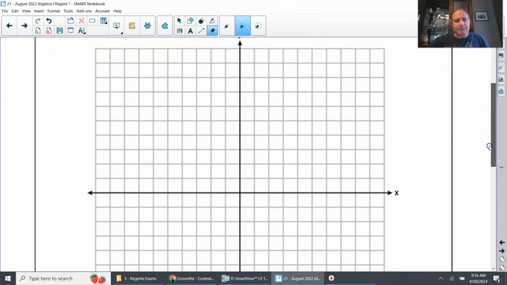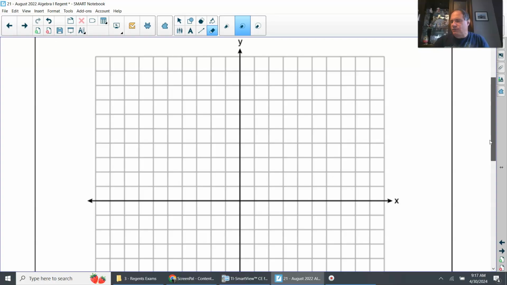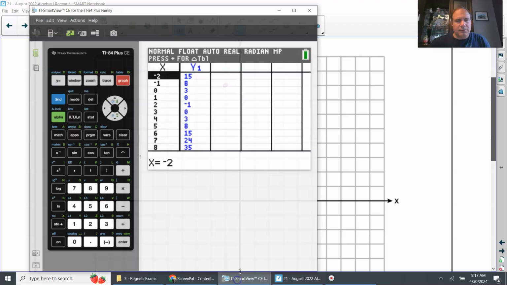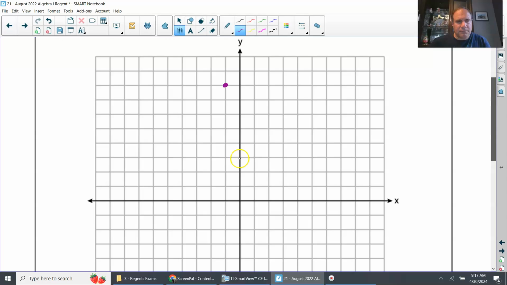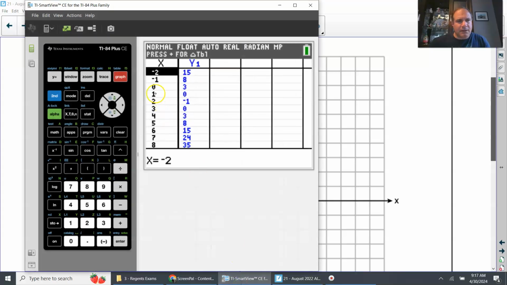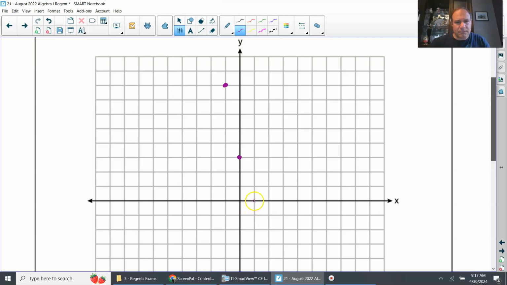So I'm just going to go down and start graphing. Negative 18 is right here. And then I'll go down to 0, 3, which is right here. And then I'll do 10, which is right here.